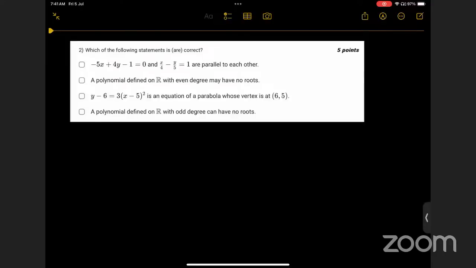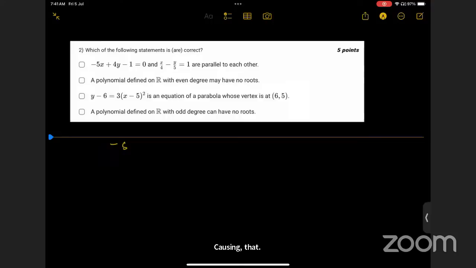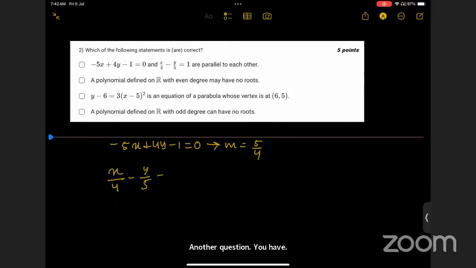Okay, so we should start solving now. We have two equations, minus x plus 4y minus 1 equals 0. So for this, the slope will be 5 by 4, right? And another equation we have is x by 4 minus y by 5 equals 1.